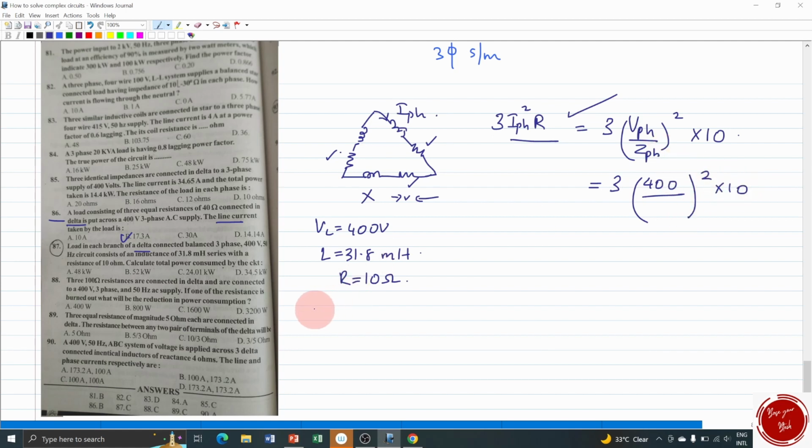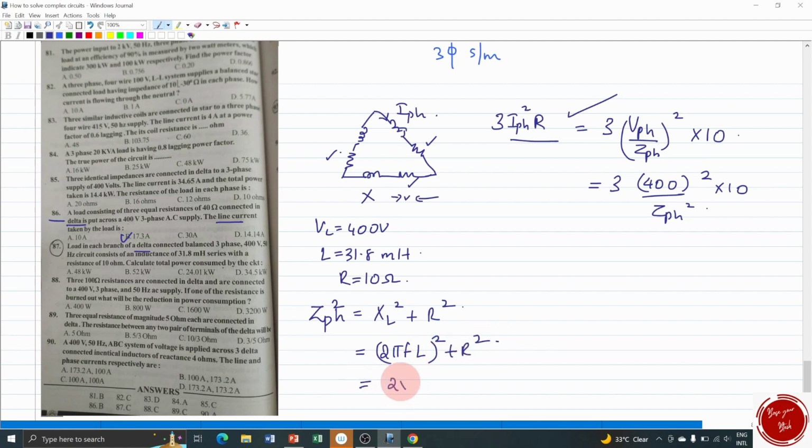Now it's time to derive Z phase value. If I split the numerator and denominator, like if I split this bracket, it is 400 square divided by Z phase square. Why I write it as Z phase square means Z phase square is equal to XL square plus R square. What is XL? XL is the inductive reactance. XL is 2 pi FL, whole square plus R square.